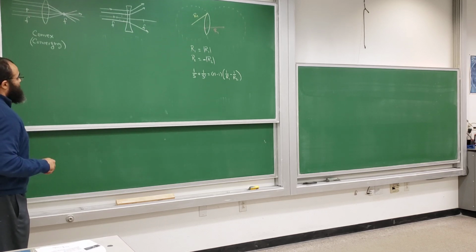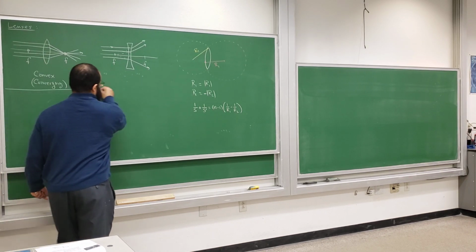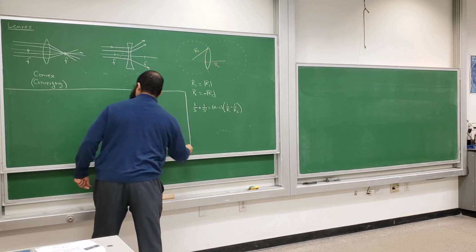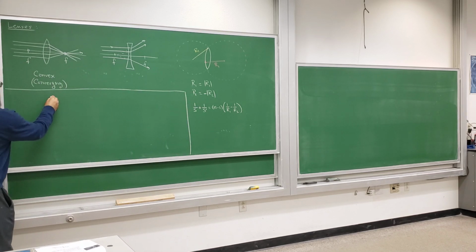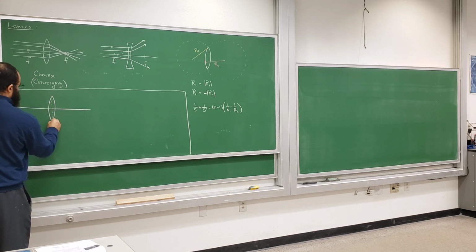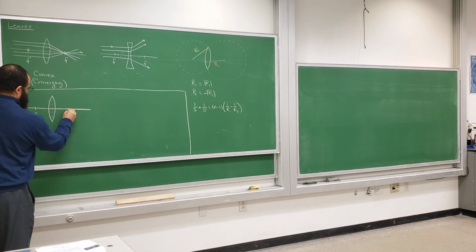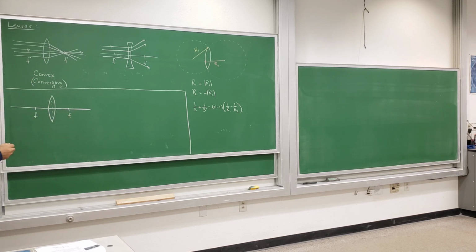So let me draw here. Let's consider a lens here, and then ask about where the image is going to be. Here's the lens. Here's F on either side. I'll try to be as accurate as we can.